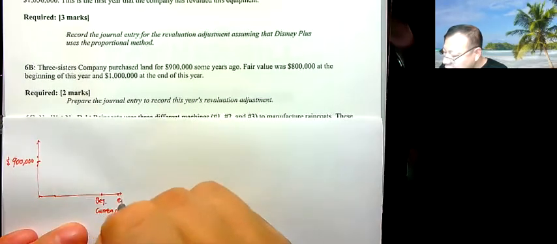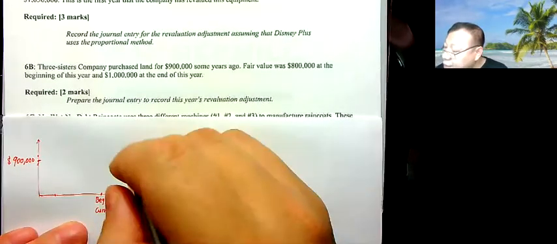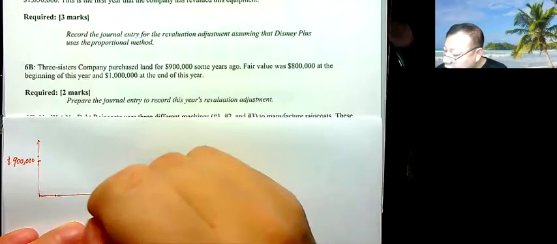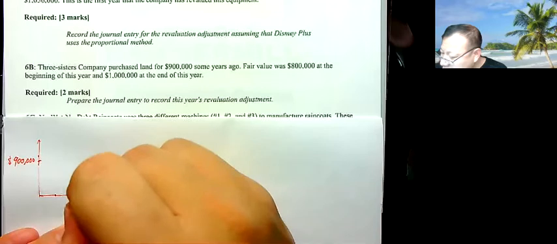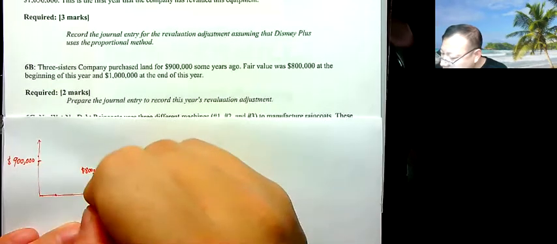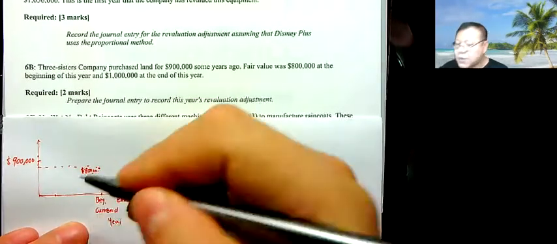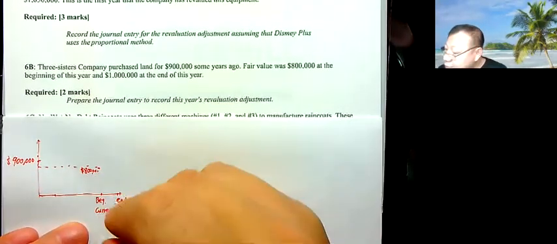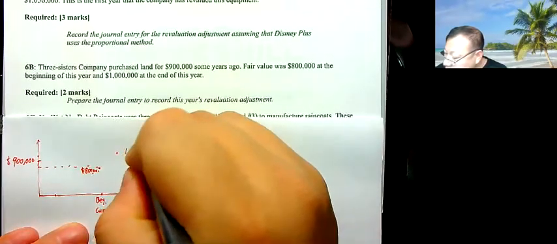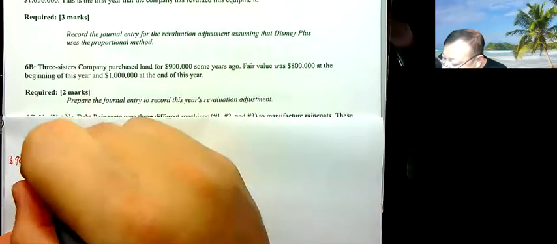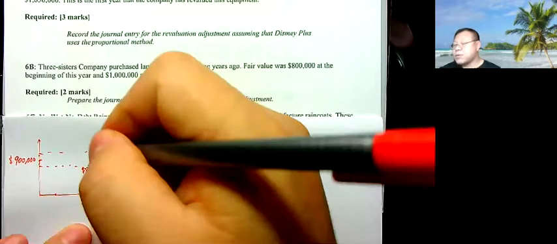This is ending. So the beginning of the current year, the value is here, 800,000. And then ending here, 1 million.